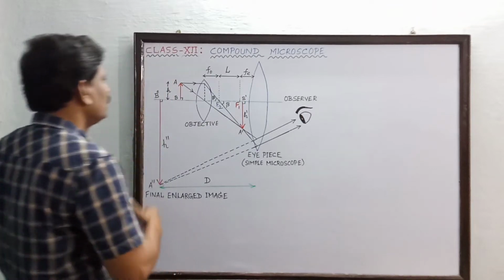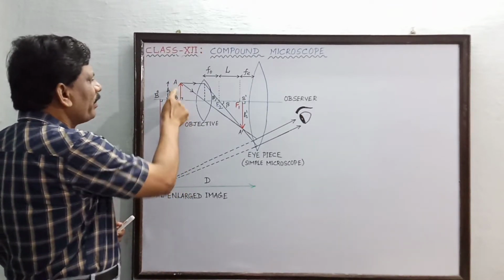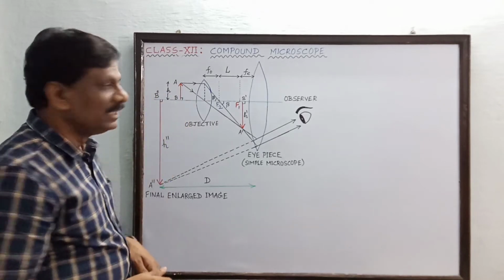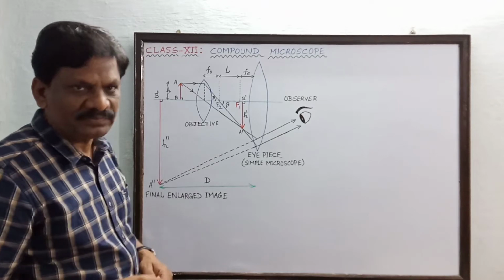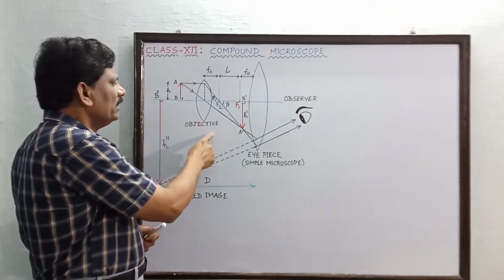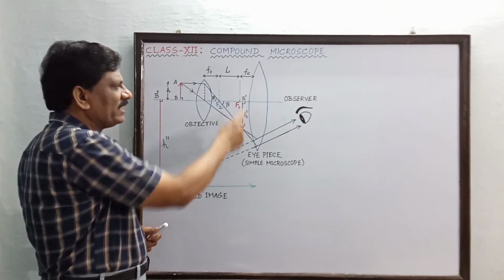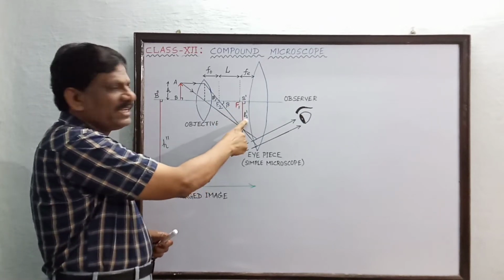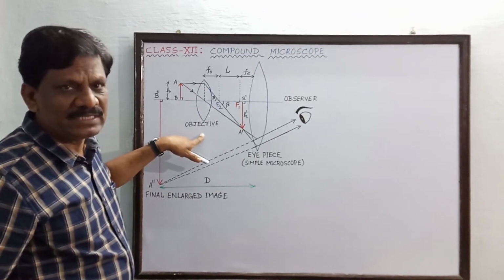Now here you can see that an object AB of height h is placed in front of the objective lens. So its image A dash B dash of height h dash is formed on the other side of the first lens, namely the objective lens.